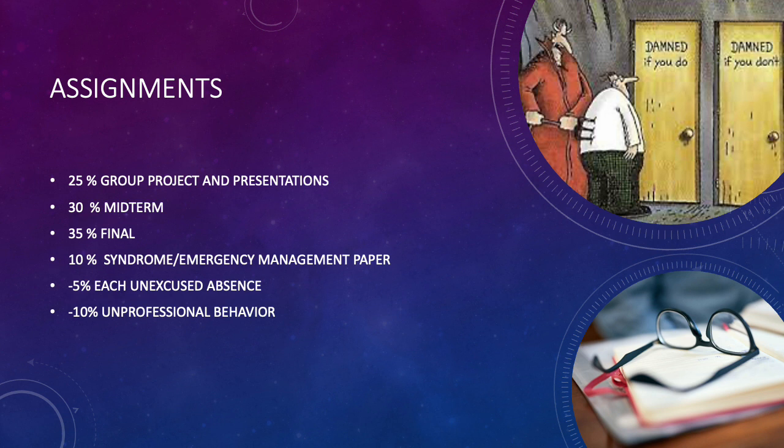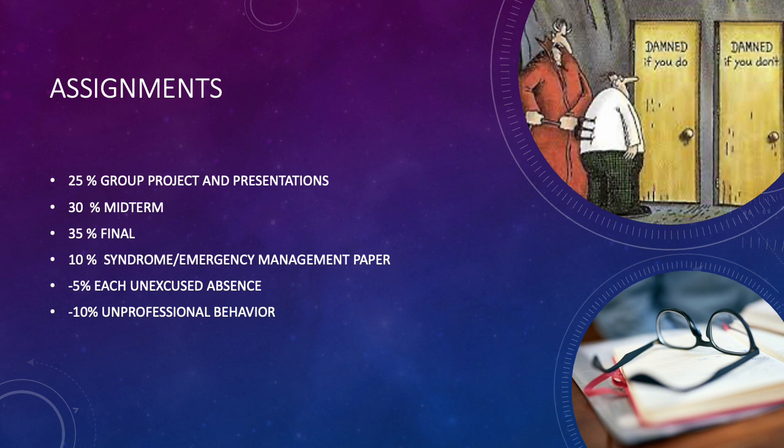There are 2 areas in which I will ding you, and as far as that goes, it's 5% for each unexcused absence and 10% for each unprofessional behavior action. You do need to pass this course. It is a 2-unit course. I personally do not take roll, do not require you to sit at a specific place, and do trust you to be an adult.